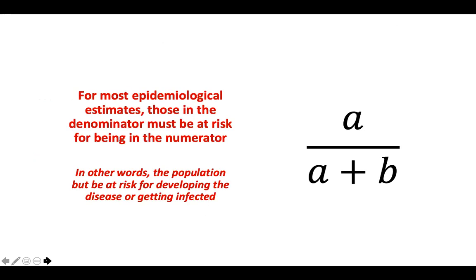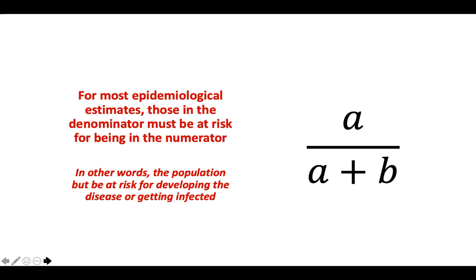For most epidemiologic estimates, when we think about our fractions, what I think is important to keep in mind is that in order to be in the denominator, you have to be what we call at risk of being in the numerator. It has to be possible for you to be in the numerator. What do I mean there? If we were looking at the proportion of people who got pregnant in a population, we might want to exclude men from that estimate because men can't become pregnant.